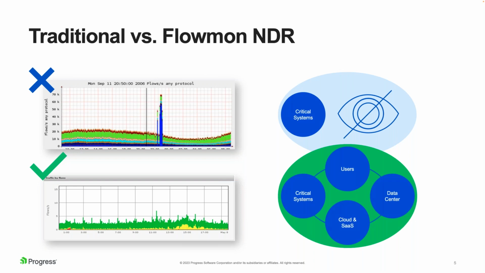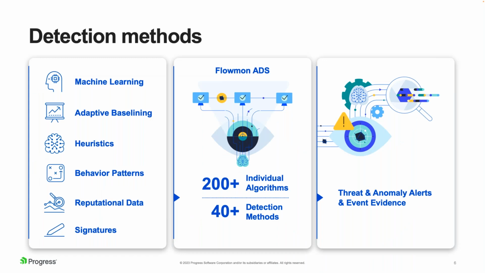Whereas the Flowmon architecture is very scalable, due to the amount of detail we process and the resources we need for our calculations. We can detect throughout the whole IT infrastructure, the east-west traffic, regardless of whether it is in a private cloud or public or hybrid. We can monitor all critical systems from a single pane of glass.